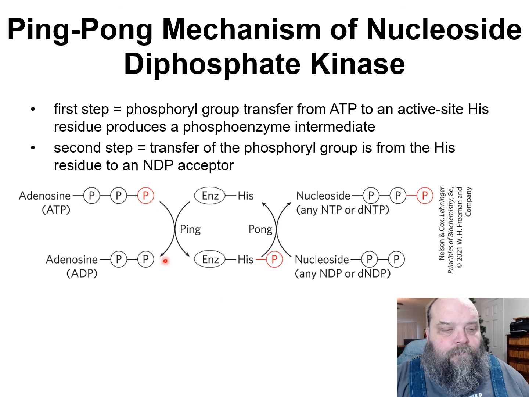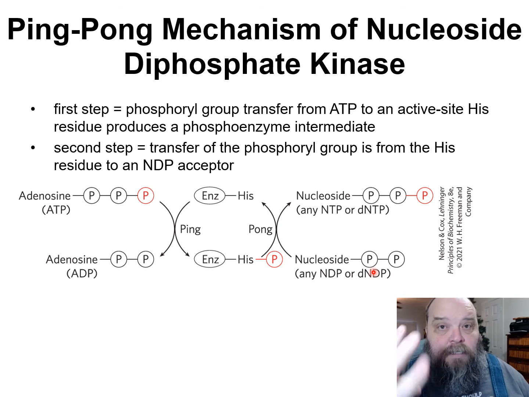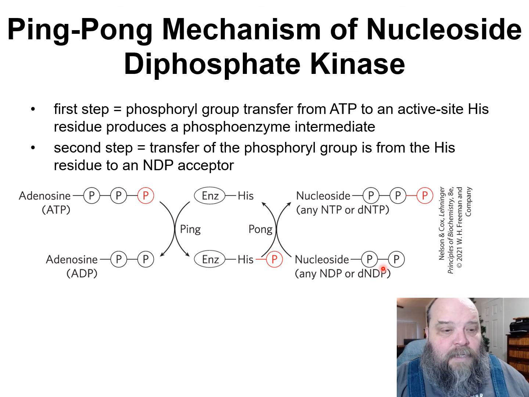ATP is hydrolyzed to a diphosphate. The enzyme that does this takes that phosphate group and then will substrate level phosphorylate CDP, GDP, TDP, UDP, taking the diphosphate and turning it into the triphosphate.